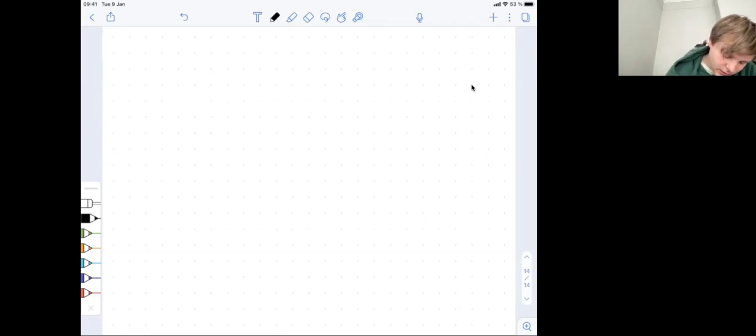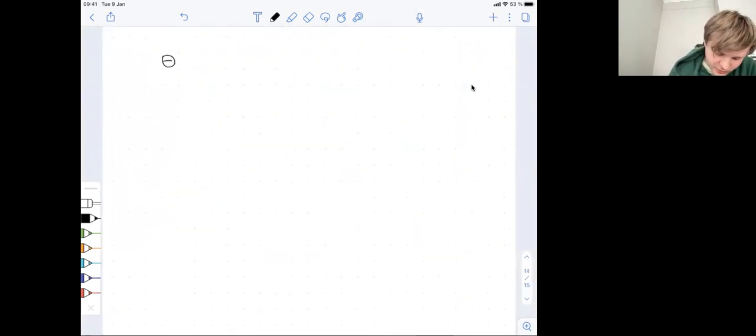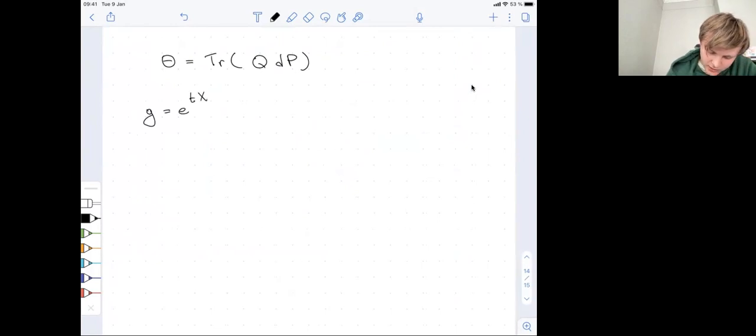To do this, I will use the Liouville form because this is a cotangent bundle, and the symplectic form is always given by the differential of the Liouville form. So the Liouville form here is just trace of Q dP, right? And for each element, let me take g equal to e to the power of tx. The vector field which corresponds to such action is the following.